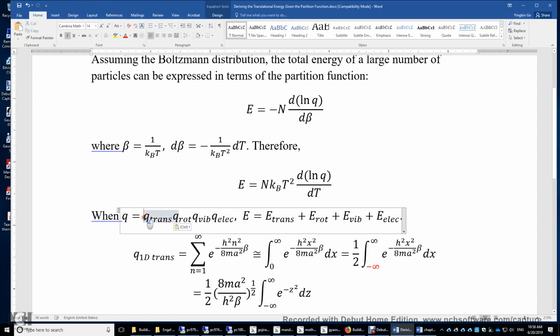If you plug this product in here, the natural logarithm of q, the product becomes a sum, and therefore the total energy equals the sum of the translational energy, rotational energy, vibrational energy, and electronic energy. Again, the first three terms refer to the kinetic energy of the nuclei in three categories: translation, rotation, and vibration. The last one is the electronic energy.